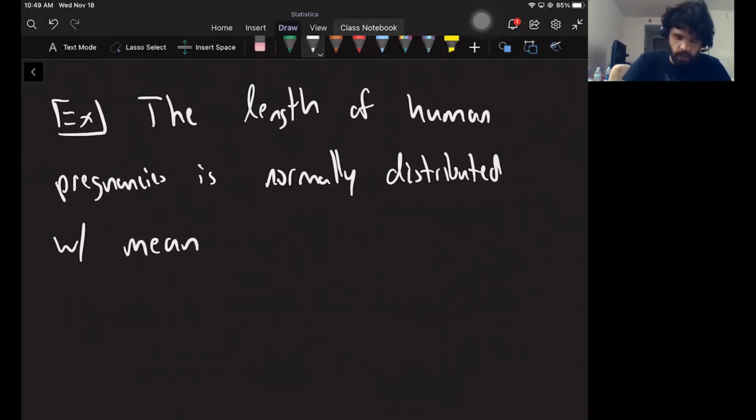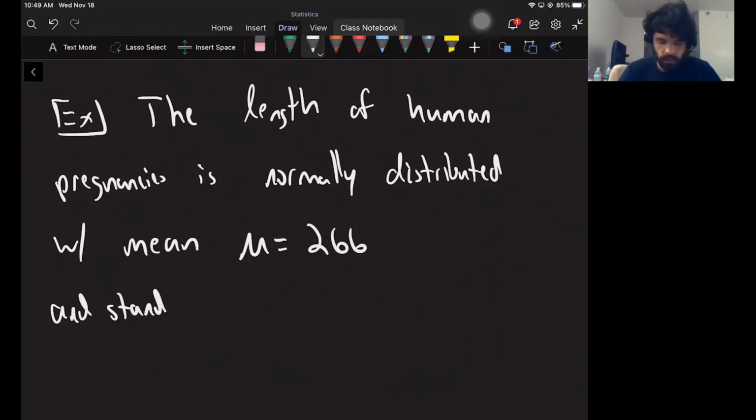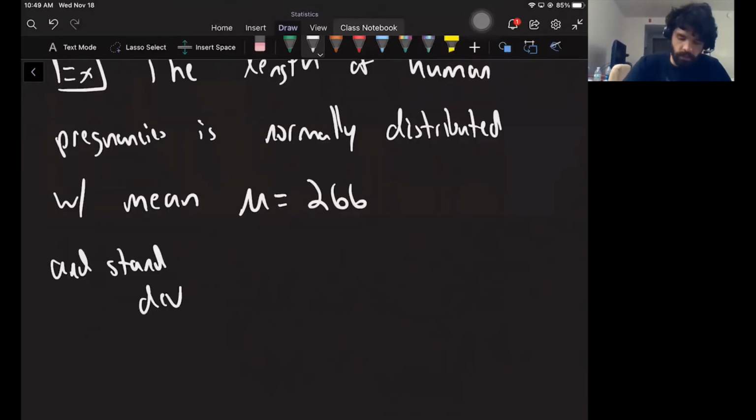But in this situation, we also have that the original population is normally distributed. The original distribution is normal, with mean 266 and standard deviation 16 in days.